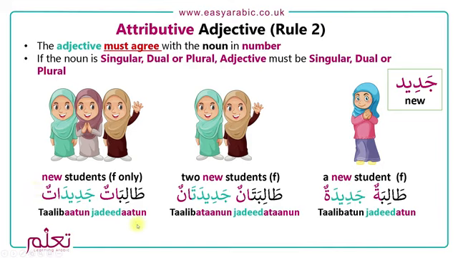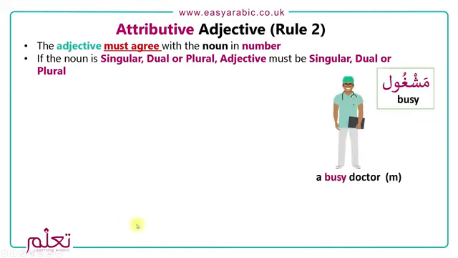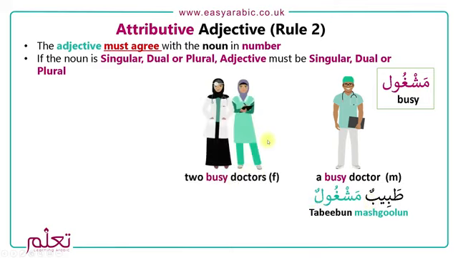Okay, let's look at another one. We've got a busy doctor. Busy is mashghul, and we said doctor is tabib. So it's tabibun mashghulun. Next one. Again, try and do these before I do, just to test yourself, because once you've done a couple, the rules are exactly the same for all the others.